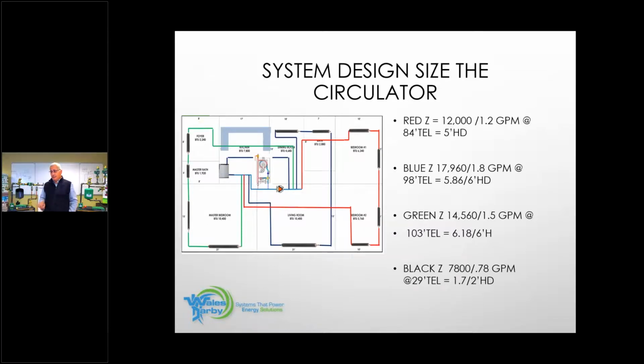If you didn't, please write this down. That's the math that we just did. I'll give you a minute or two to write that down. Red zone 1.2 at 5, blue zone 1.8 at 6, green zone 1.5 at 6, and the black zone 0.78, you can call it 0.8 if you choose, at 2.